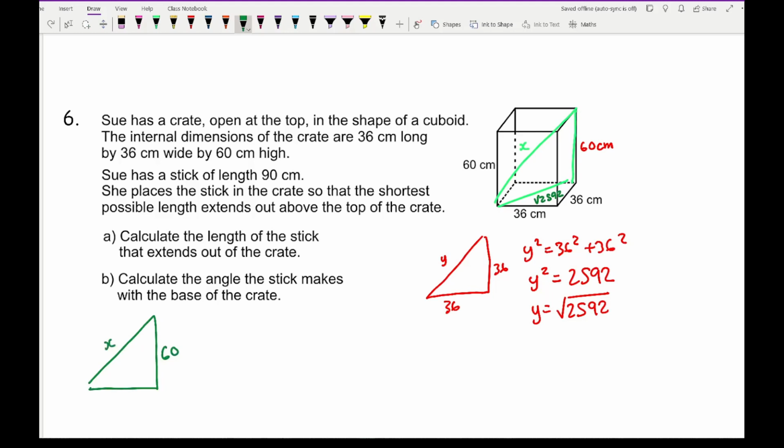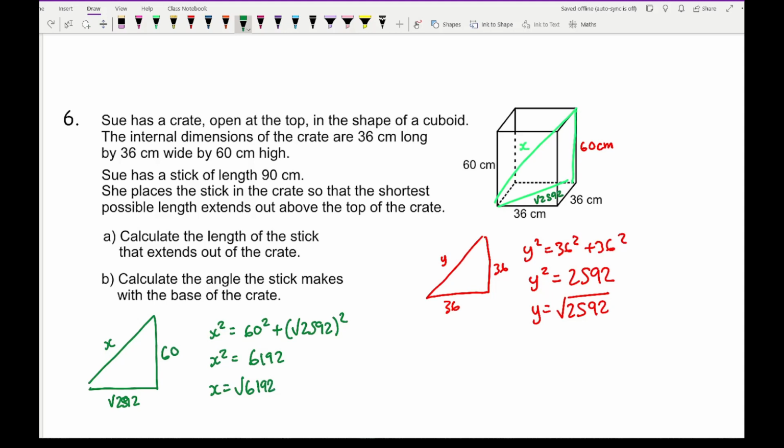This length is what I'm trying to find. And this length here is the square root of 2592. So x squared equals 60 squared plus the square root of 2592 squared. And typing that all into my calculator, I get 6192. So x equals the square root of 6192.